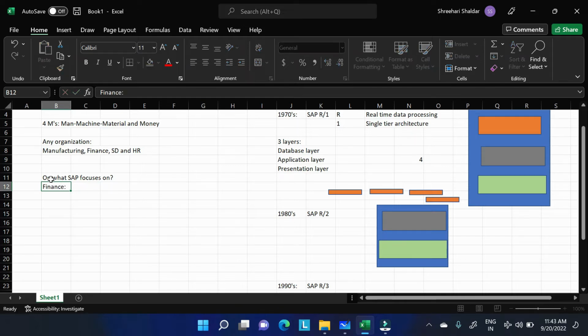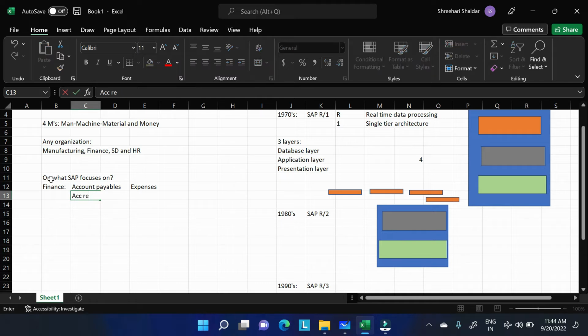Under finance we have things called accounts payable. What is this accounts payable? If any organization is there, they will have vendors as well as customers. If you are purchasing something from the vendors, you need to pay the money to them. That is the accounts payable. These are the expenses. And what is this accounts receivable?